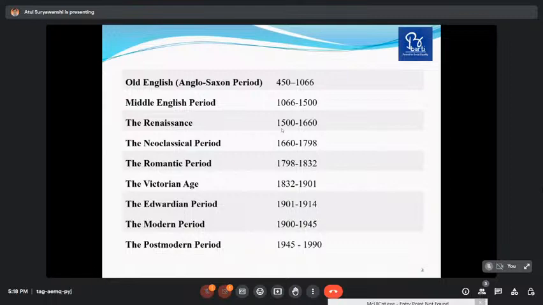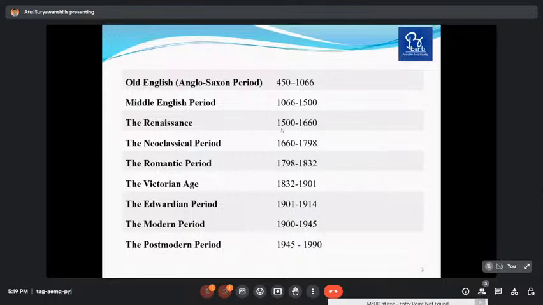After the Edwardian period, there was the modern period. It was altogether a new beginning. The modern period initiated after the First World War, meaning the beginning is in 1914, and lasted up to the end of the Second World War, 1945.